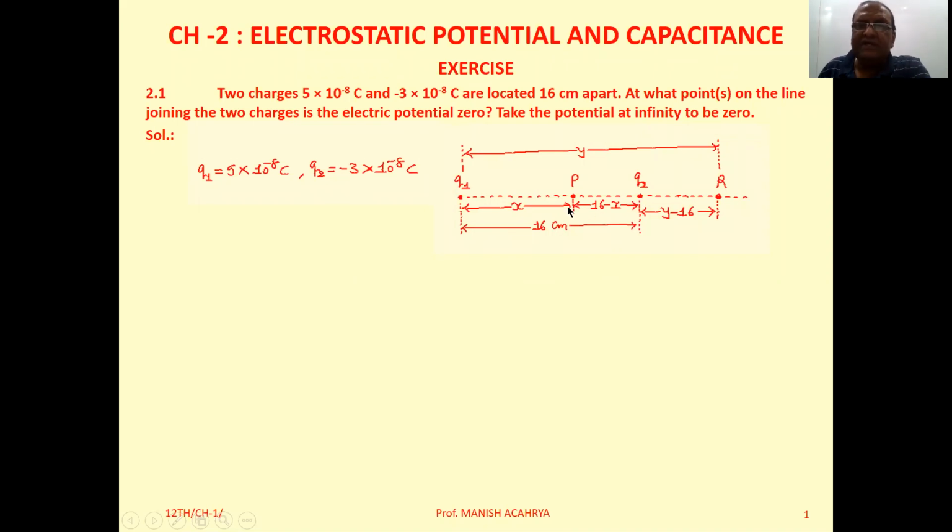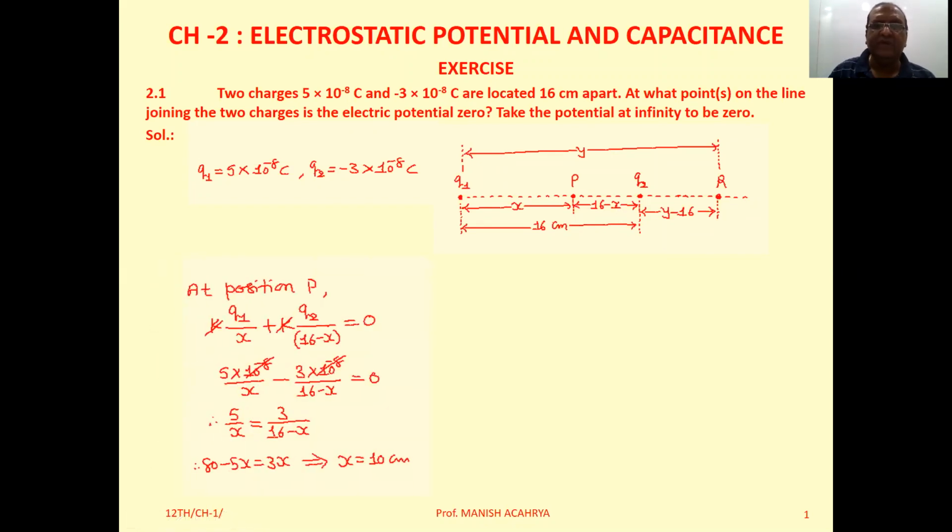Suppose one point in between these two is at distance x centimeter from charge Q1. So from charge Q2, it will be at 16 minus x centimeter, where the resultant potential becomes 0.